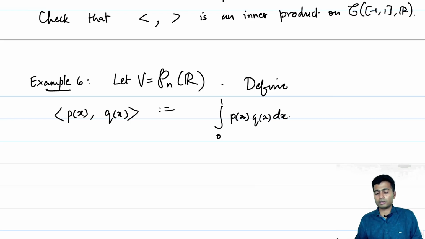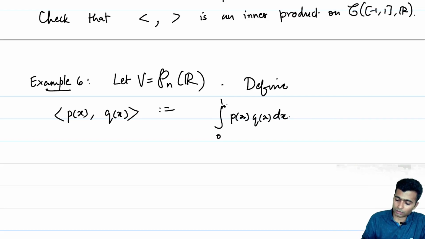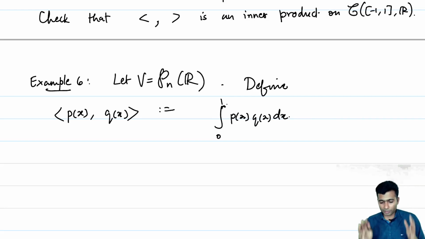This is an inner product which is actually borrowed from C[0, 1] to R, right? So let me go slow. If you take two polynomials, P of x and Q of x, both are in particular continuous functions from [0, 1] to R. Therefore, we can talk about the integral from 0 to 1 of P of x, Q of x dx.